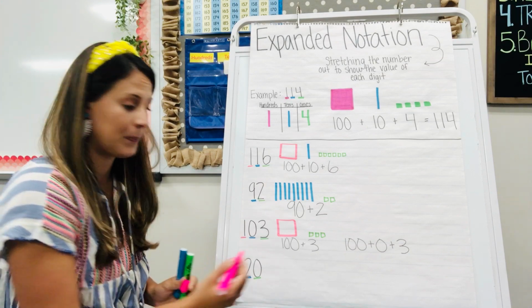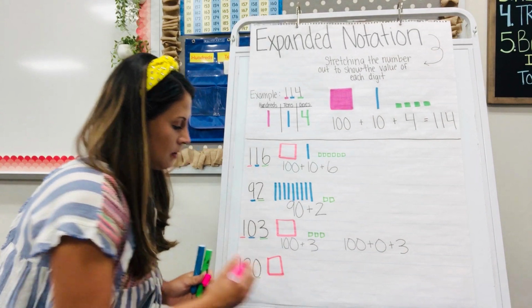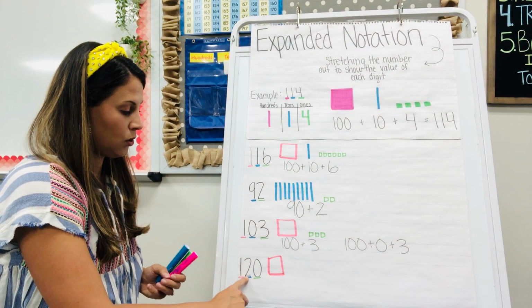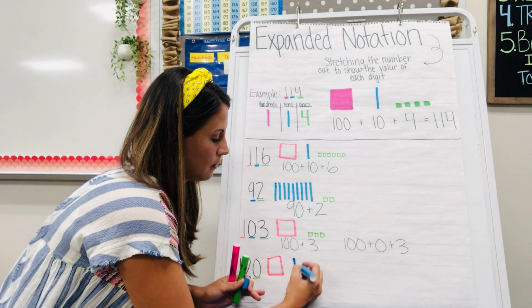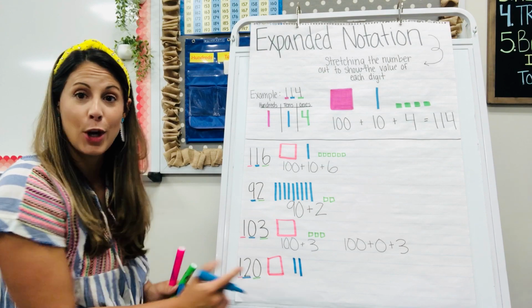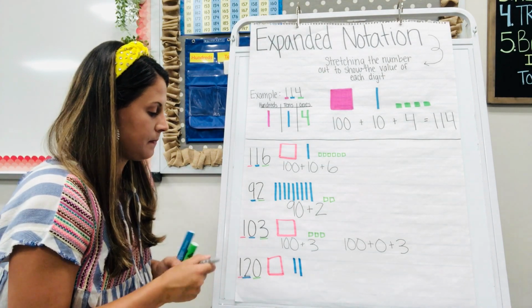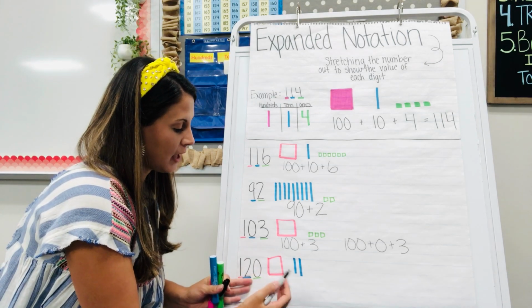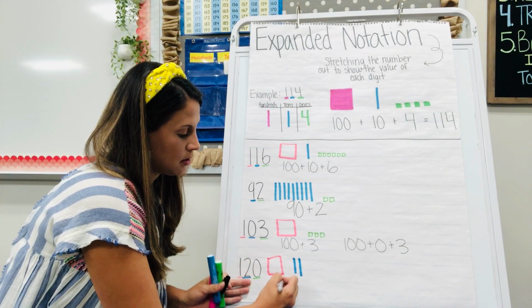So let's draw it out. 1 flat, 2 tens. I'm going to draw 2 tens. Do I draw any ones? No ones this time. So let's write the values. The value of 1 flat, or 100, is 100.